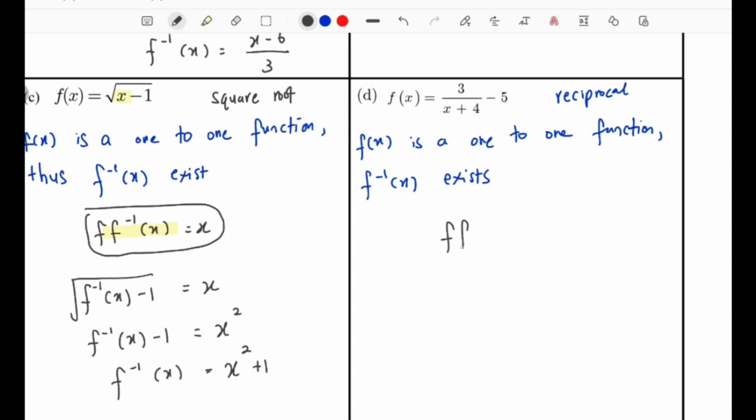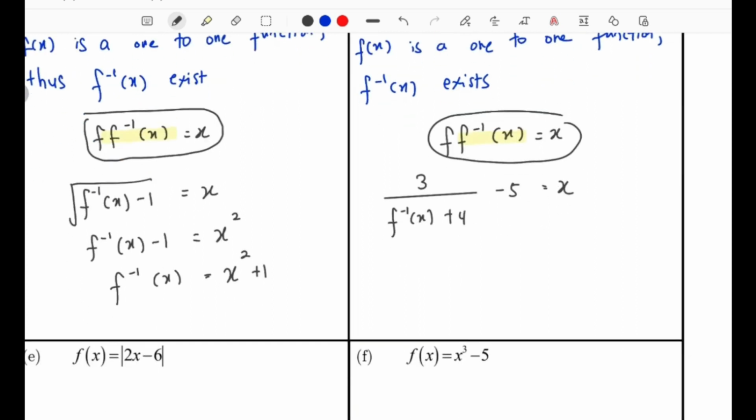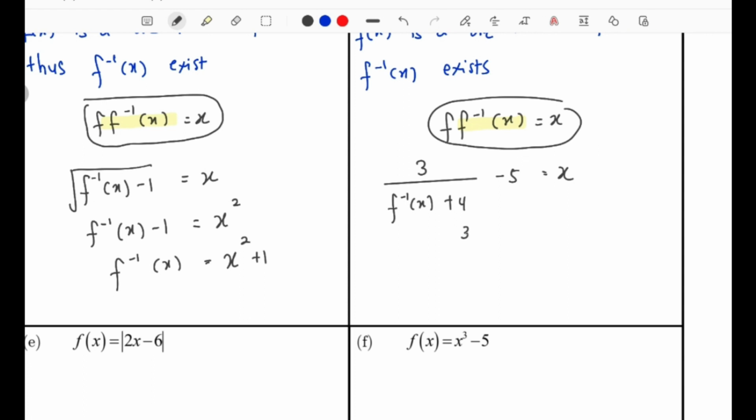So find the inverse function by using this formula. Substitute f inverse into the f. Make it equal to x. Rearrange until we have f inverse as the subject.